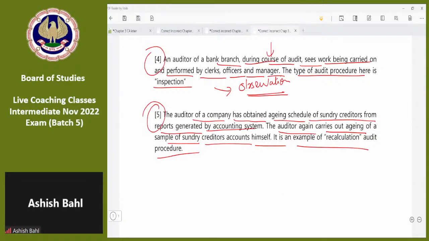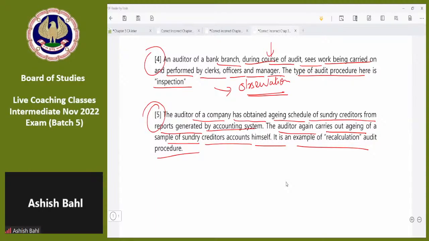Accounting software has given a report providing an aging schedule of creditors.